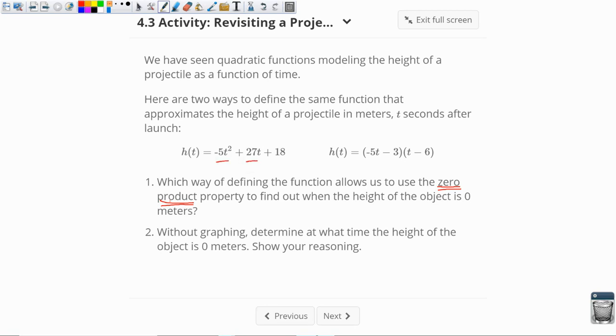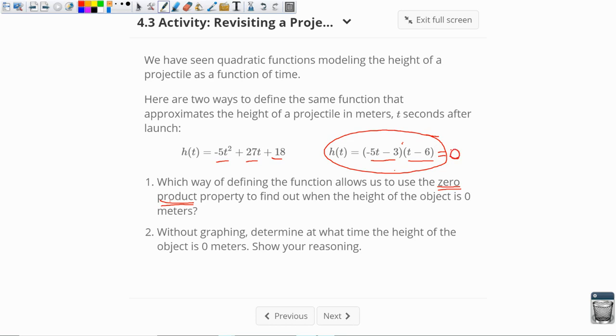This has a term plus a term plus a term. This has a factor times a factor. So this is our product. In order to use the zero product property, we need our quadratic in this factored form. We want to know when it equals 0, so we want to figure out when those factors equal 0.